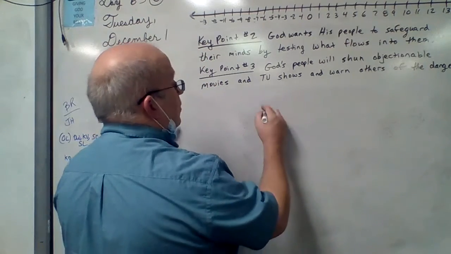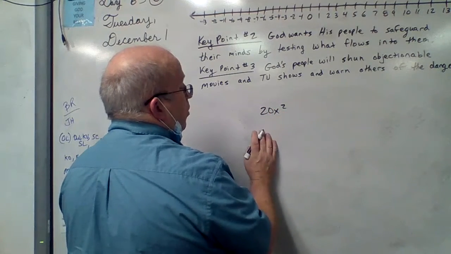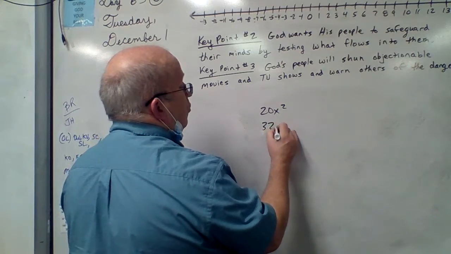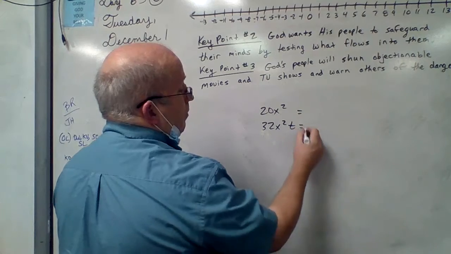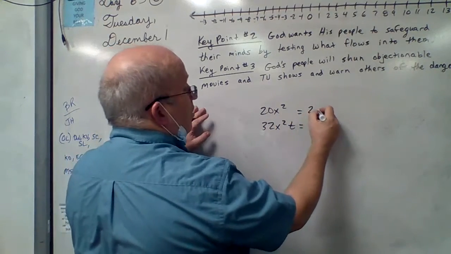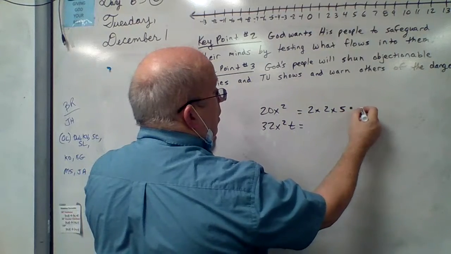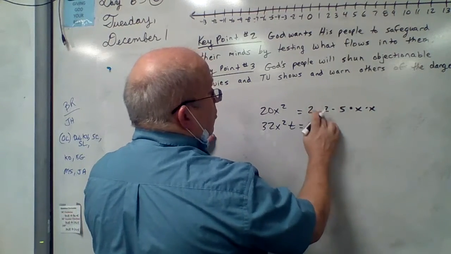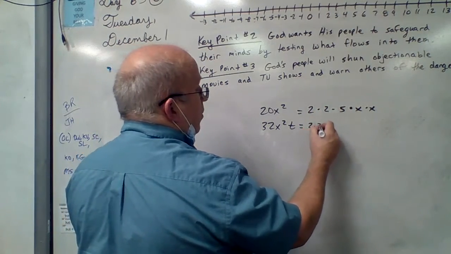Let's say I had 20x squared, and I was trying to find the greatest common factor of that and say 32x squared t, right? If it were me, I'd write out the prime factorization of each number. You'll notice I'm changing all the multiplication signs into dots to make it a little easier to think about.